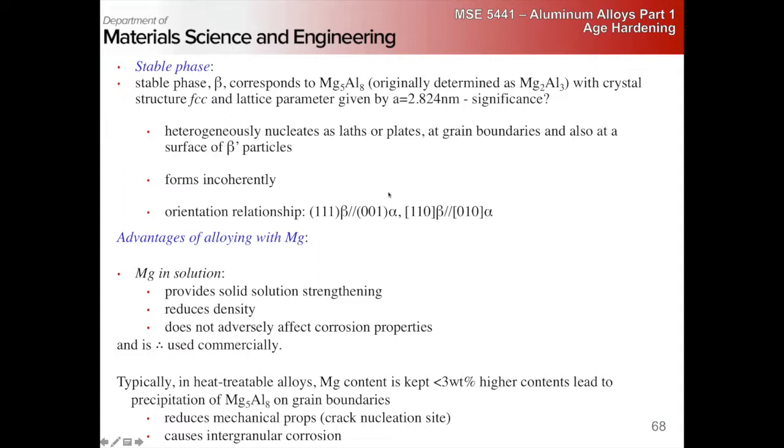So why did I say this beta phase is really bad? Those of you in the corrosion group, any of Professor Locke's students in here? All right, so why is beta bad?